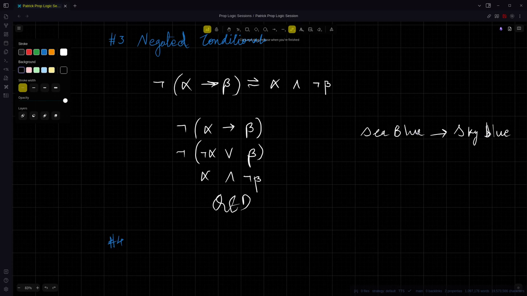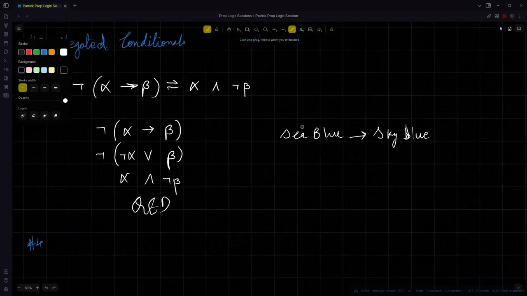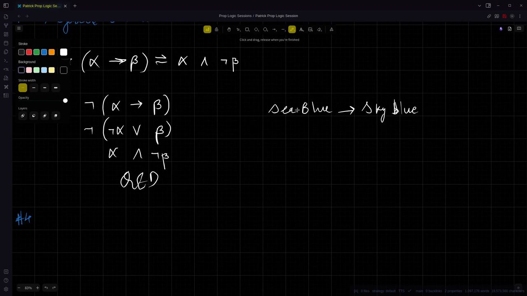If you're using a material conditional, you would just evaluate the same thing. You would look at the sea, look at the color, and you'll be like, okay, it's blue. You look at the sky and evaluate the truth value for this proposition.